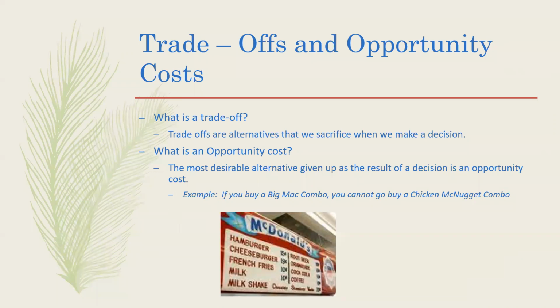So because I'm choosing the Big Mac combo, I'm giving up the chicken McNugget combo. That is the opportunity cost. As much as we want both, we have to choose because of scarcity.